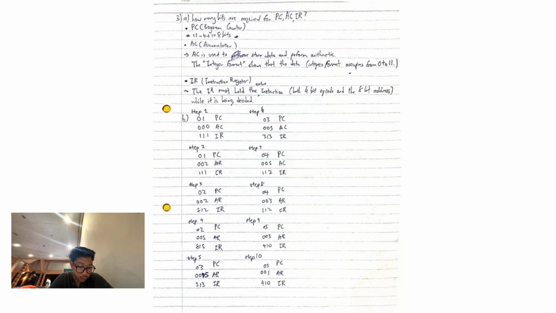And now for step 9 to 10 is 05 and 05 for PC, 003 to 001, which subtracts 002. IR maintains the same. That is all for question 3, assignment 1. Thank you.